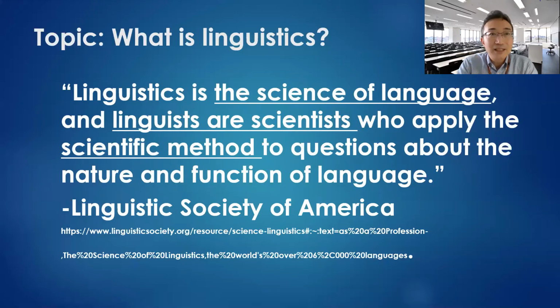So this is the definition or the meaning of linguistics. So linguistics is the science of language, and linguists are scientists who apply the scientific method to the phenomena related to language. Okay, so at college you can learn more about linguistics, and that is the science of language.